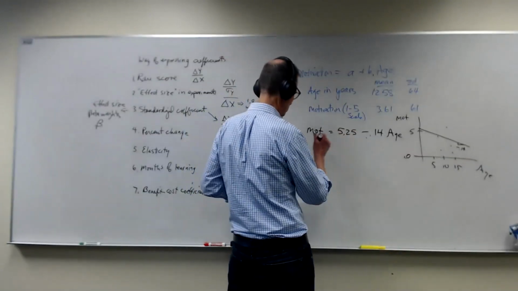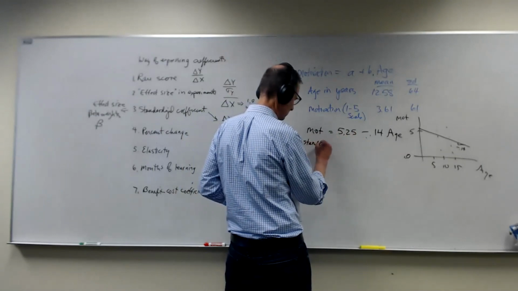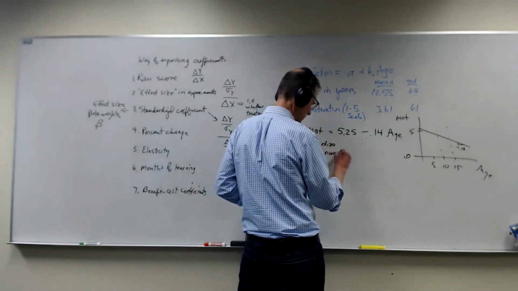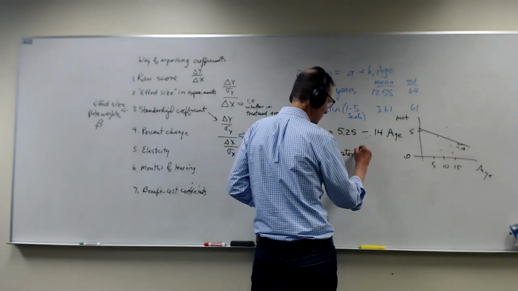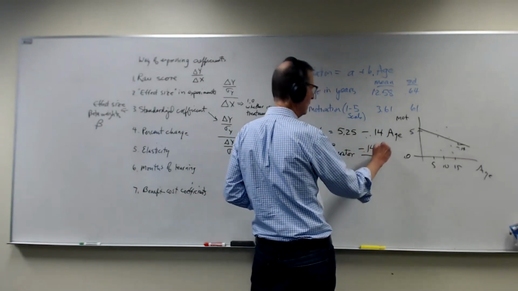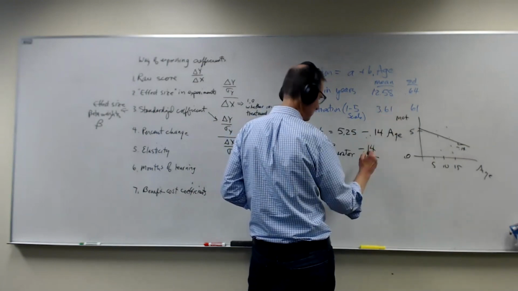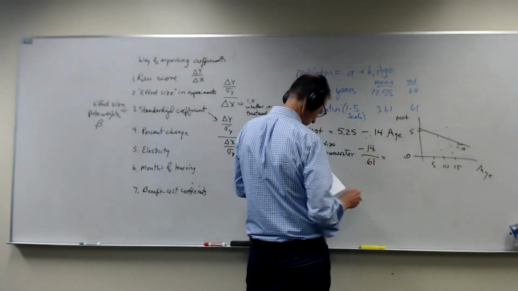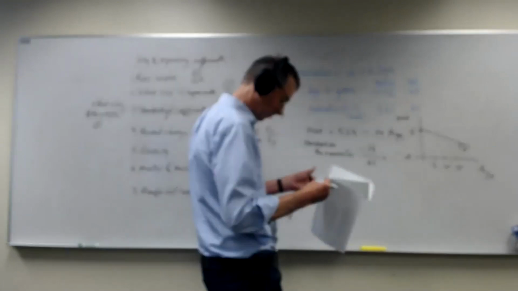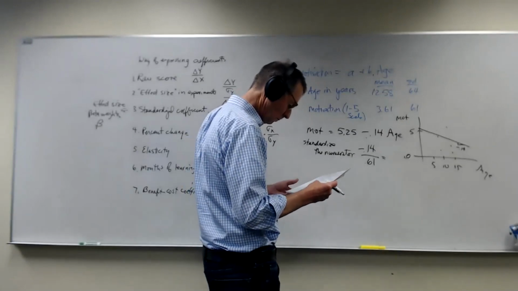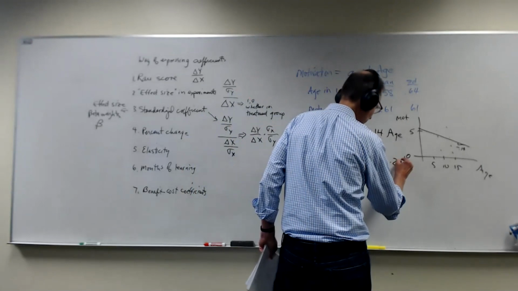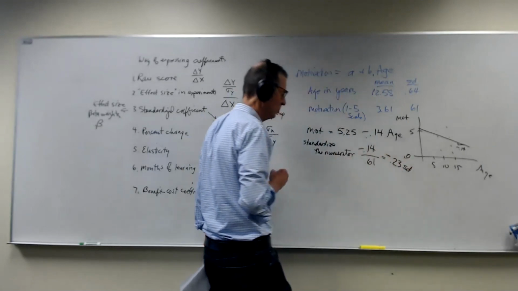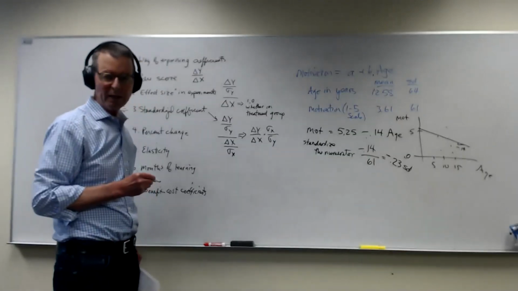So if you standardize the numerator, you want to take 0.14 and divide it by the standard deviation of motivation, which is 0.61, which is 0.23 standard deviation, minus 0.23 standard deviation change in motivation with every additional year of age.